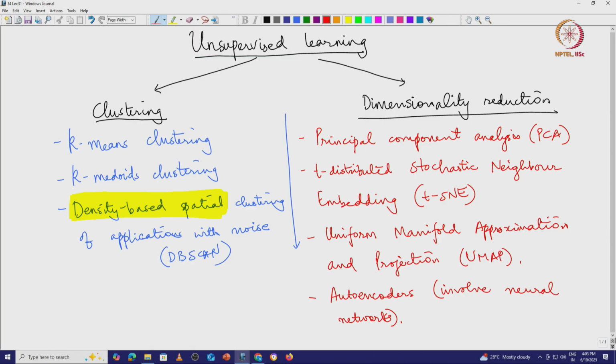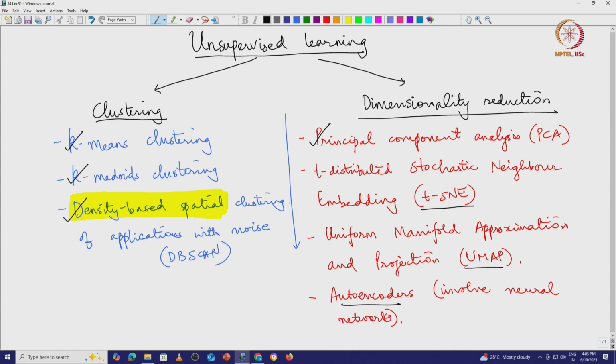So far we have already looked at k-means clustering, we have looked at k-medoids clustering, and we have looked at DBSCAN. That is with respect to clustering algorithms. And in terms of dimensionality reduction, we have already looked at principal component analysis, or PCA. So what remains to be done is t-SNE, UMAP, and a qualitative introduction into autoencoders.